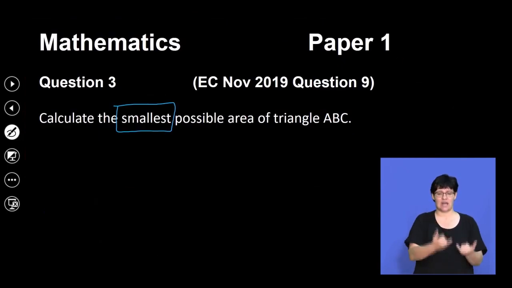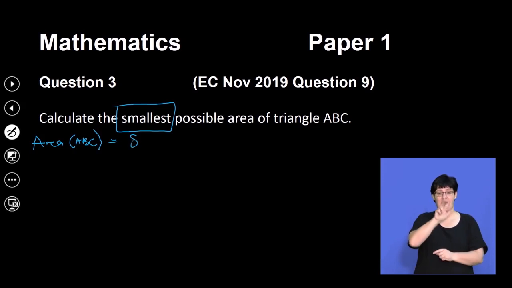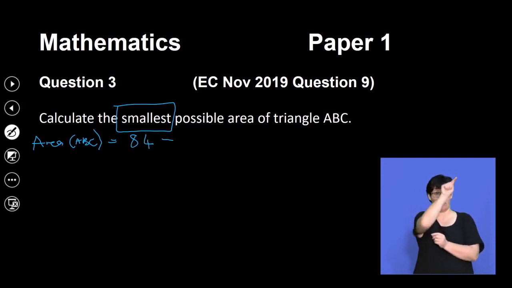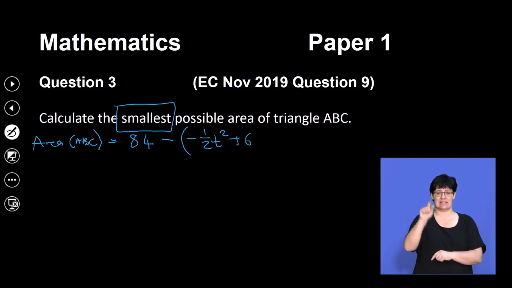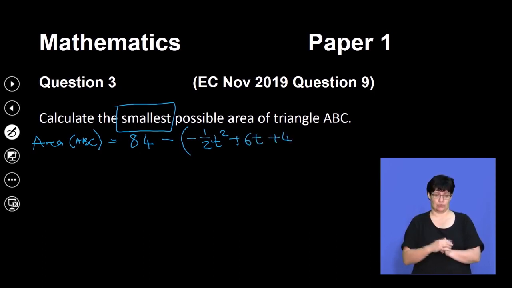So we need to now subtract the sum of all those areas from the area of the rectangle. So the area of triangle ABC, as I said, is the area of the rectangle, which was 84 centimeters squared, minus the sum of all the areas of those little triangles, which was minus a half t squared plus 6t plus 42.